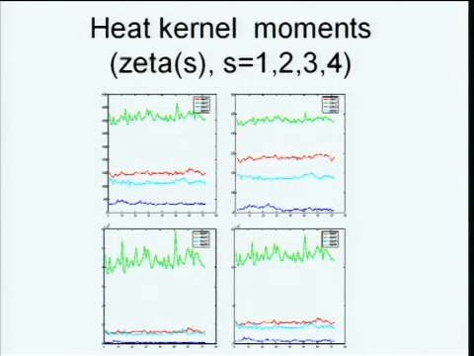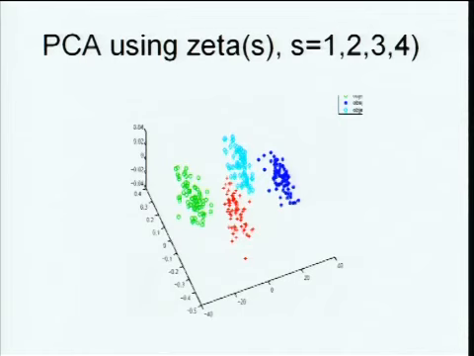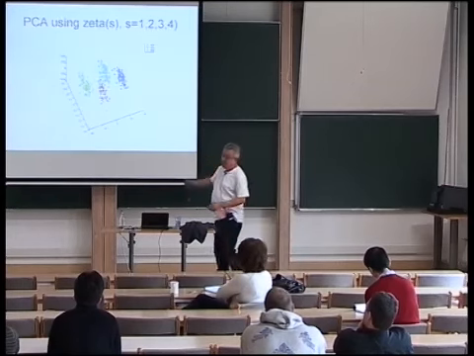And in fact, if I now make a feature vector of the 4 different values, then they're even better separated. If I now do PCA, principal components analysis, on a feature vector where each graph is represented by a vector of the 4 components, the 4 different values of the zeta function, these different colored clusters correspond to the different objects. And so they separate very nicely under PCA.